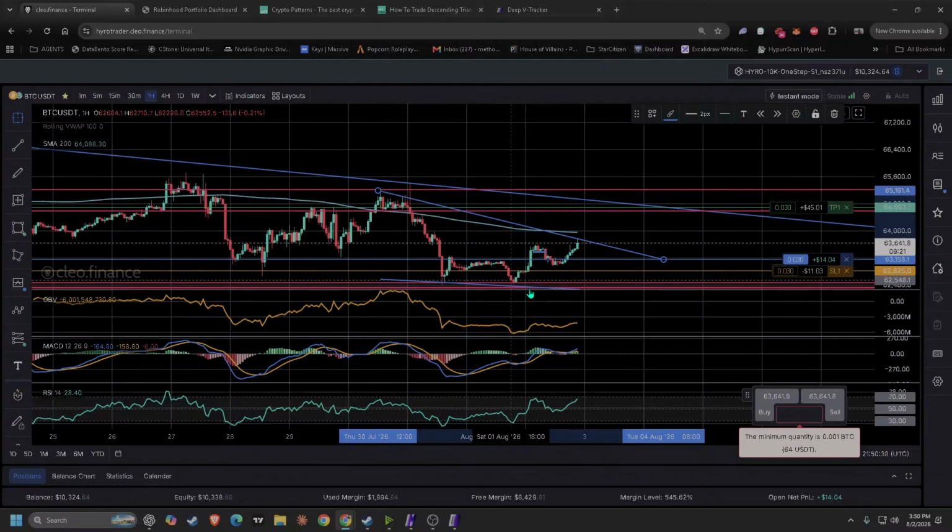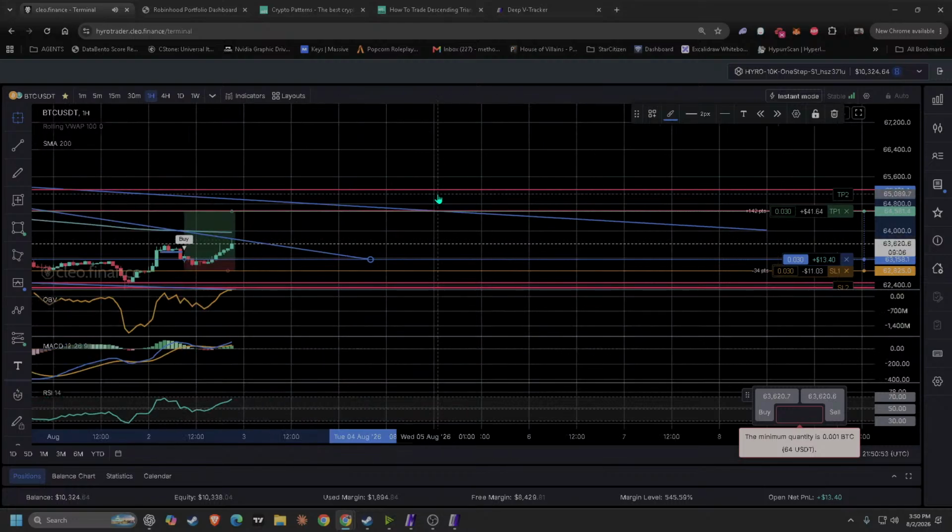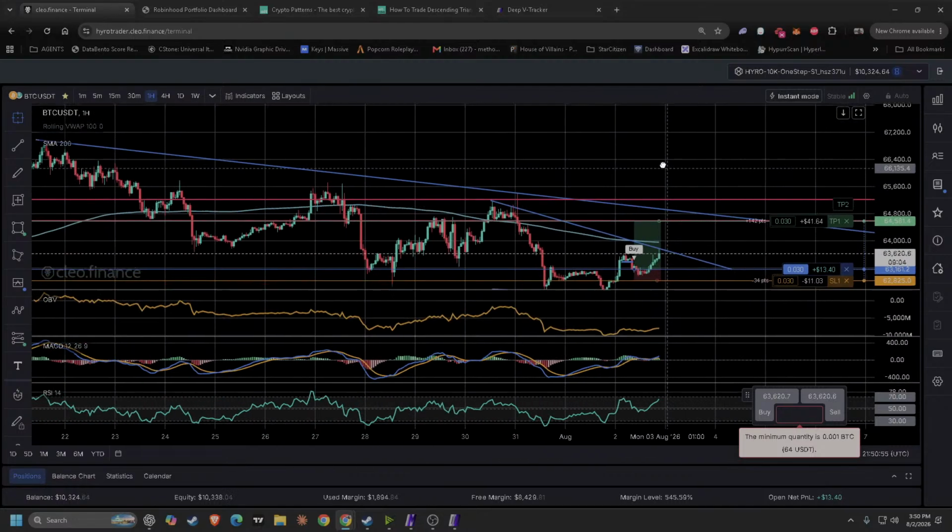This one has 4 touches. So we're still in a descending wedge, right? So plan on breaking out of this one, moving up into this one, and taking this profit somewhere right here. So that's the plan on the crypto.